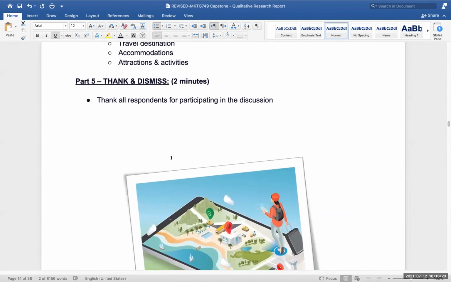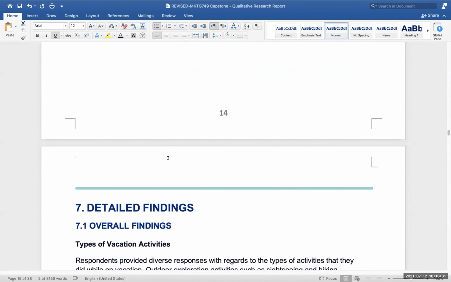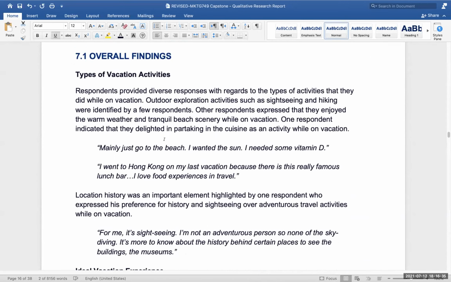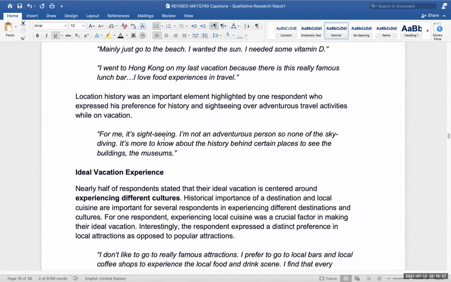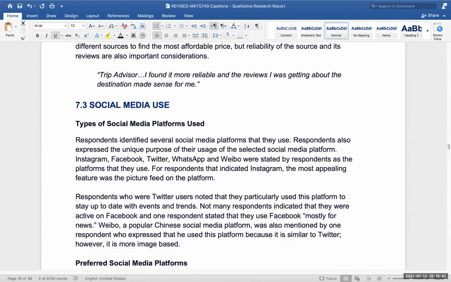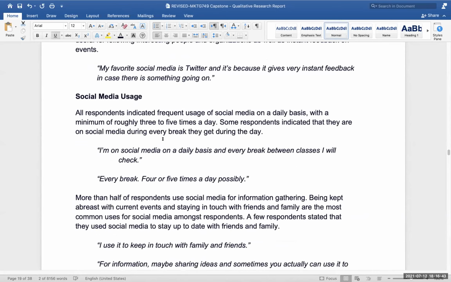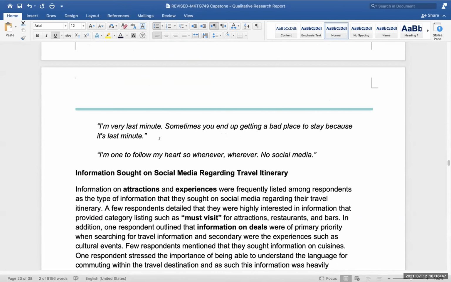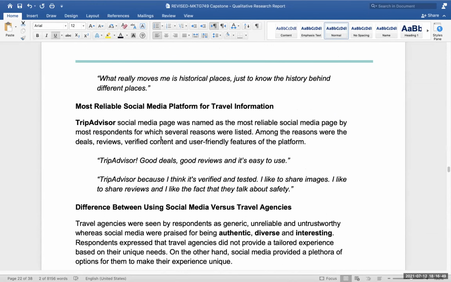You have the summary, and then now you go into the overall findings. I'm not going to go through all of the overall findings, but what can give you some insight now is the recommendations or even the executive summary, which is something that we can look at.